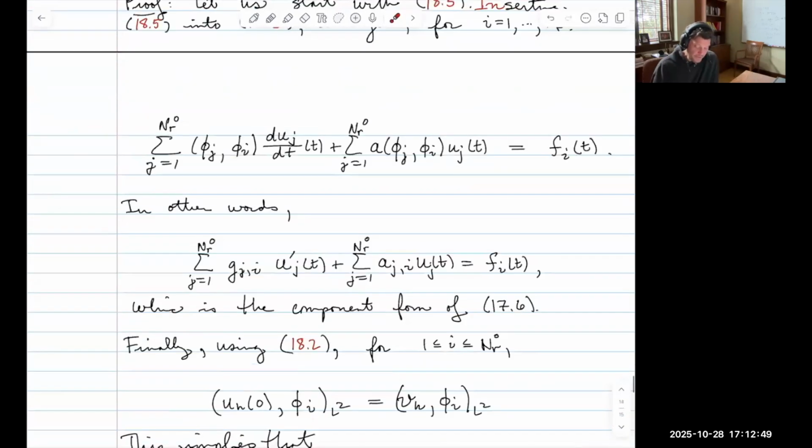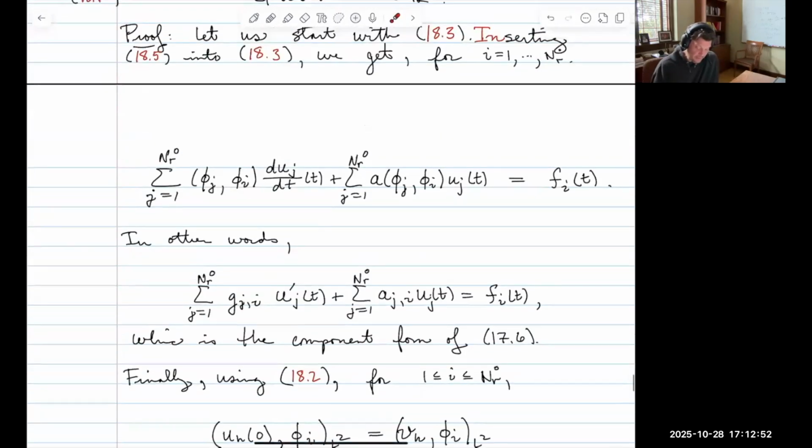Once I put that expansion in there and do some fairly basic manipulations, I just get this. But now I come back and I examine this term and this term. These are just the components of the mass matrix. These are just the components of the stiffness matrix.